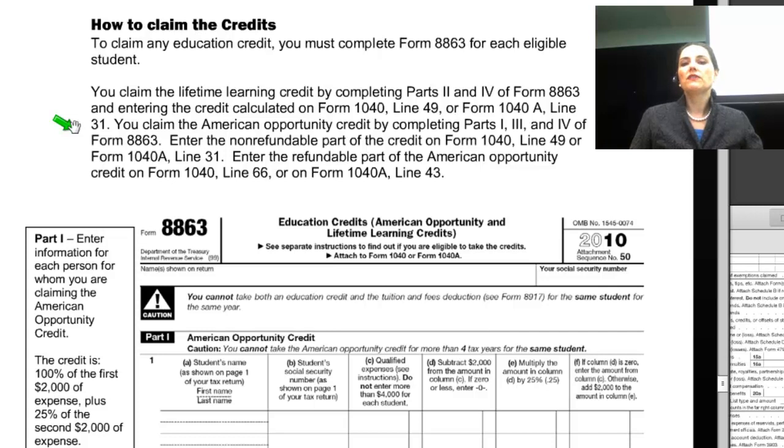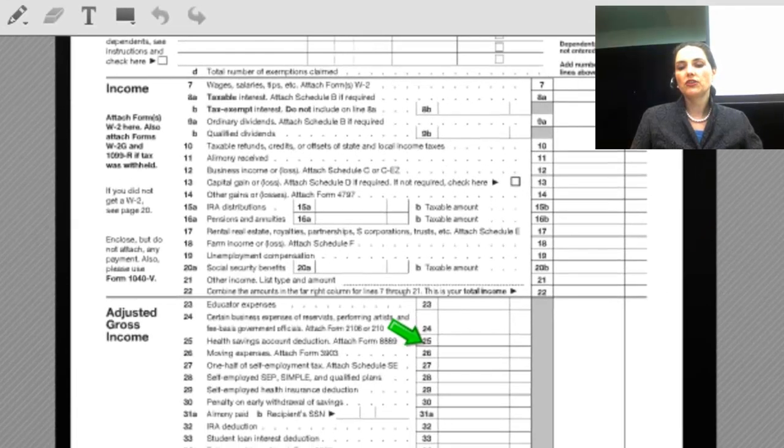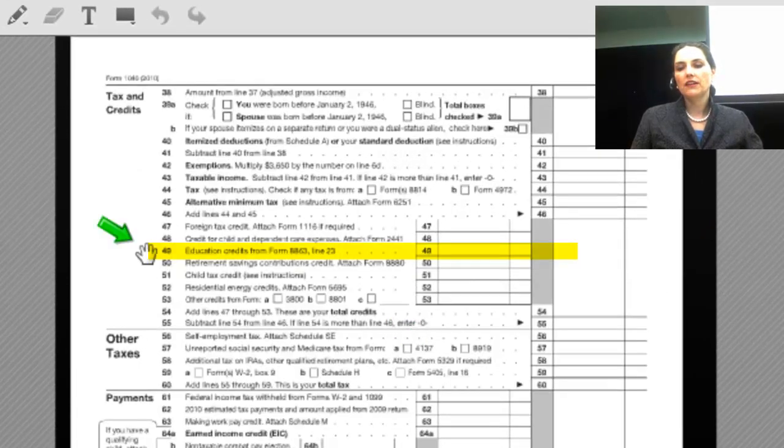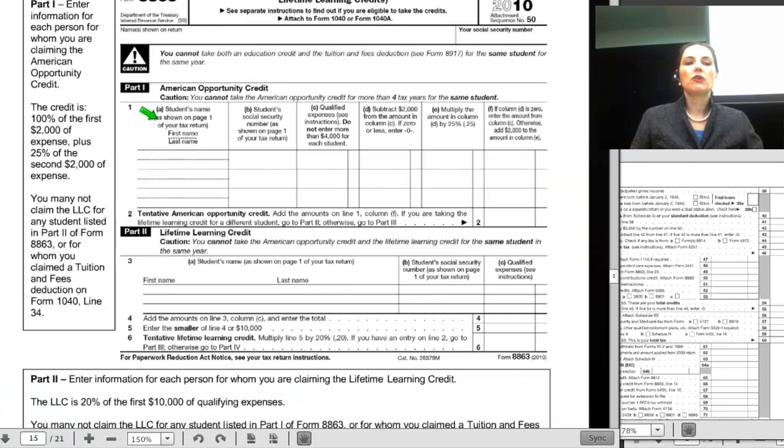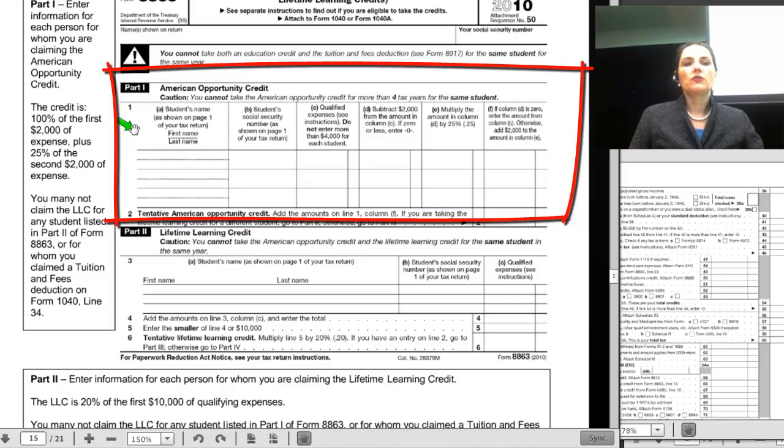You enter the non-refundable part of the credit on line 49 of Form 1040. And of course, that is shown on page 2 of the Form 1040 right here. Let's take a look at Part 1 of Form 8863. You use Part 1 to enter information for each person for whom you are claiming the American Opportunity Credit.